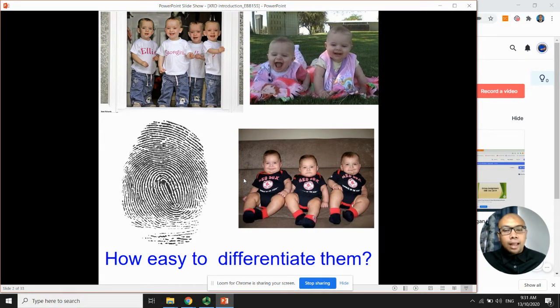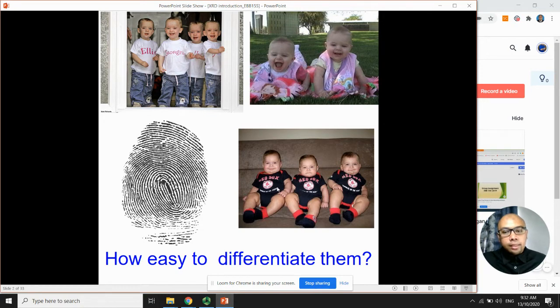This slide shows kids who have similar faces and similar physical appearance, but how do you differentiate them?